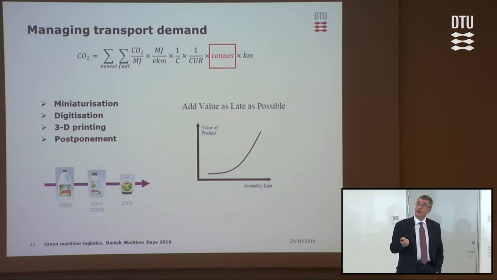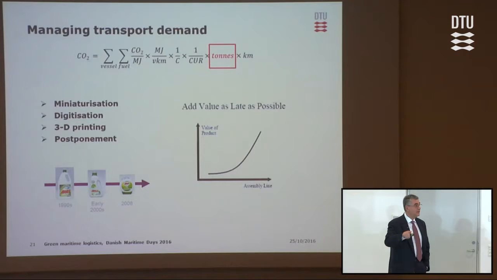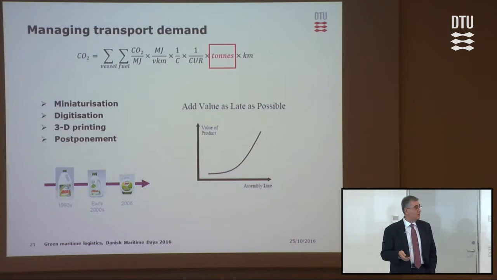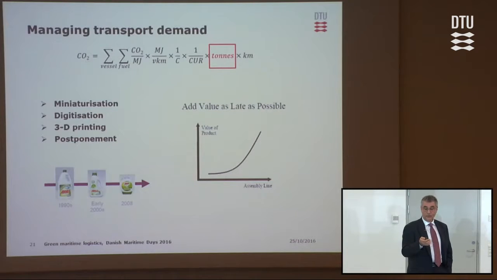Postponement is what you see there, the adding value as late as possible in the distribution of the product, like adding water to the essence of a detergent or the essence of a soft drink as close to the market as possible, or bottling wine in Europe that is imported from South Africa, let's say, in tanks or things like that.